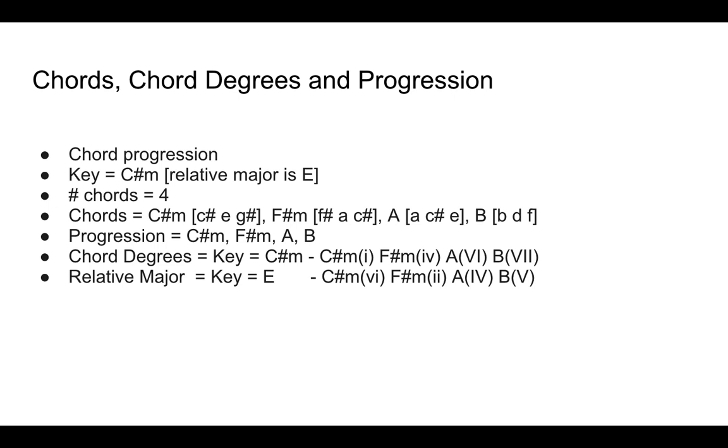We take a little moment just to think about that because it helps us understand the harmony and chord theory, and also it's going to help us with the melody too. So in the minor key, we can say the C sharp minor is the 1 chord, the F sharp minor is the 4 chord, and the A is the 6 chord, and the B is the 7 chord.